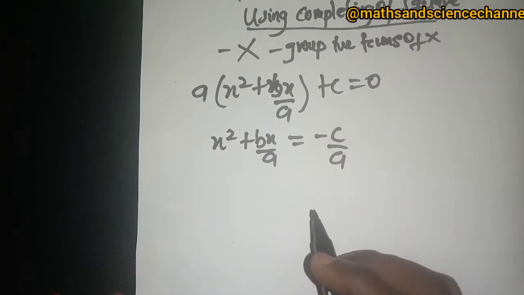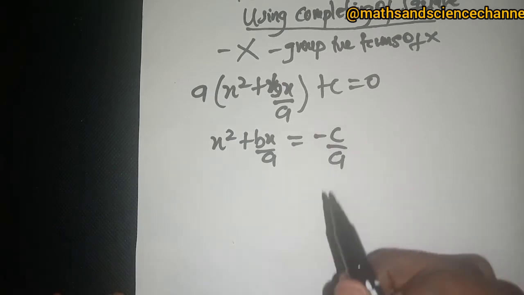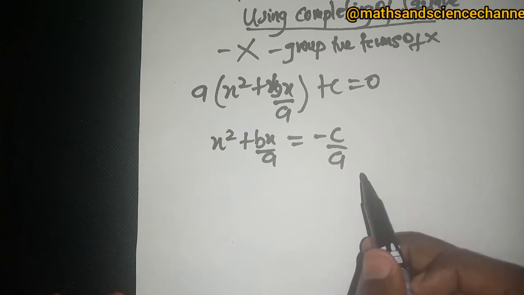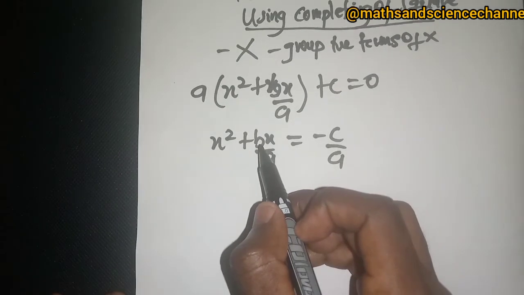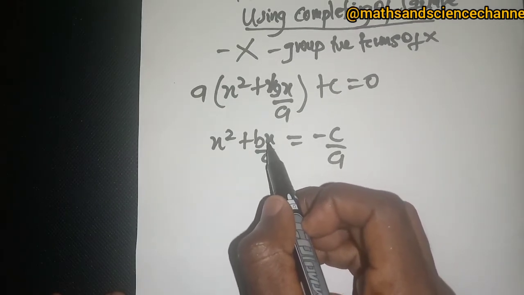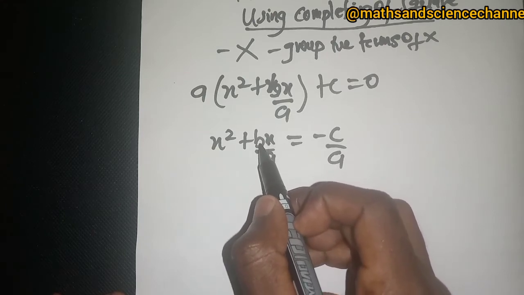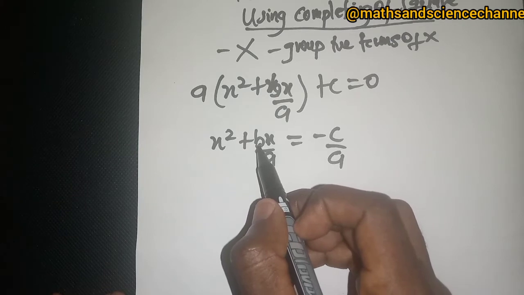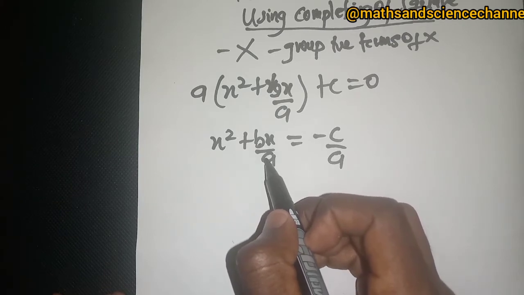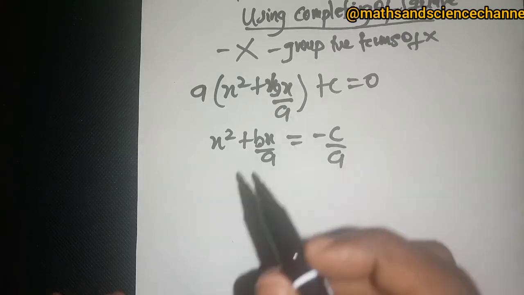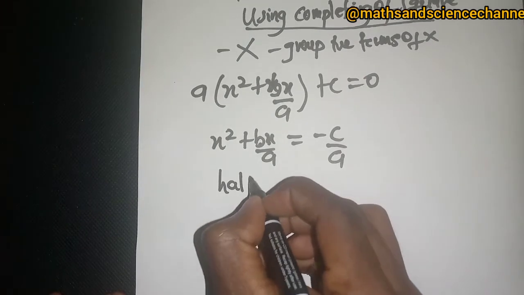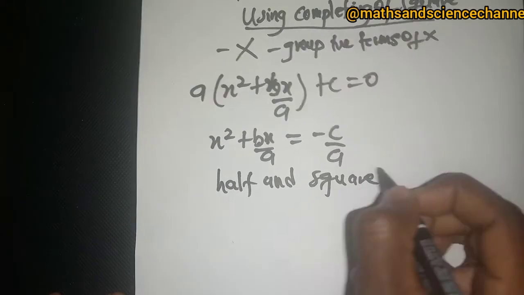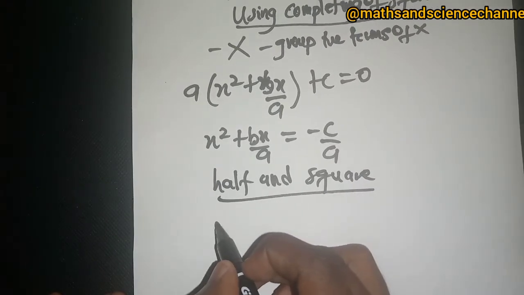Now what we're going to do next, from completing the square, is that we are going to half and then square. If you look at b over a over here, the coefficient of x, we have b over a. So we are going to half whatever is in front of the x and also square it. So we half and square.